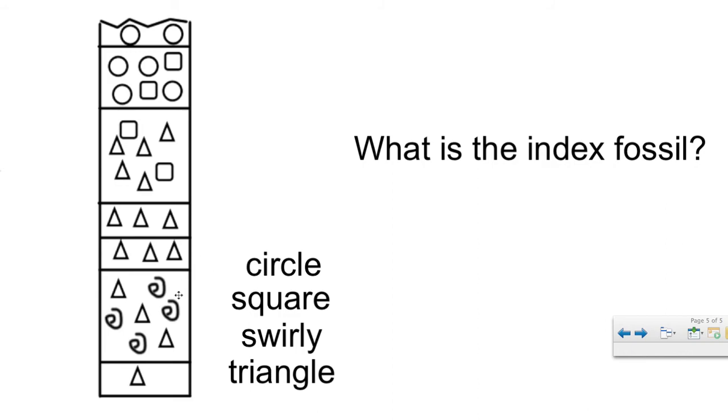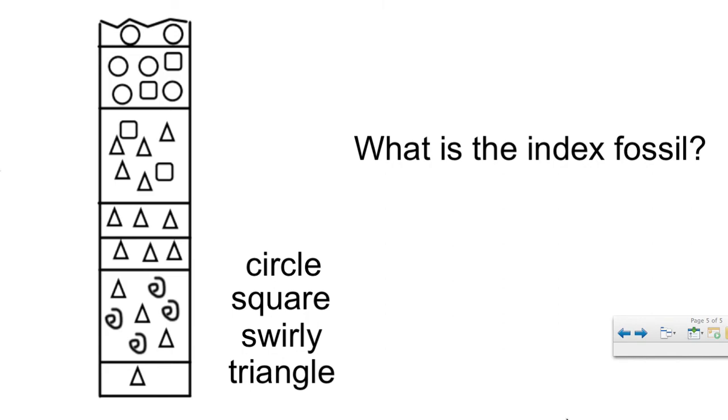You should be able to say that the index fossil is the swirly, because it only appears in one geologic time. It's only here. So that would be the index fossil for this particular example. Now, when you do your lab, make sure you pay attention to your different geologic time, stratigraphic divisions, so that you know what is what.